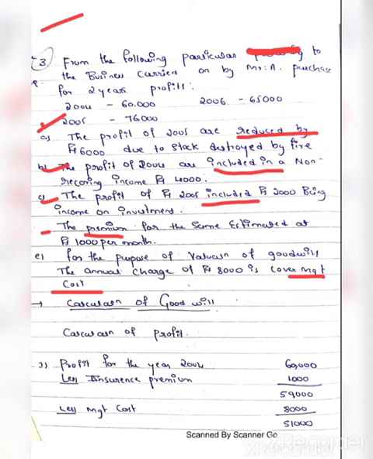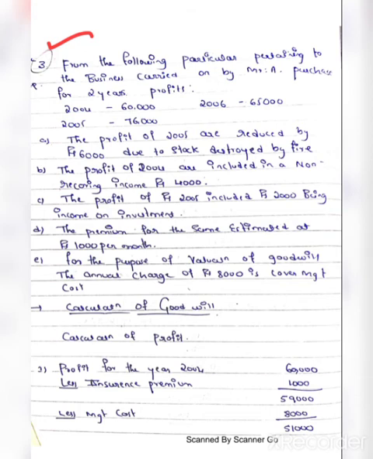Okay, so next last point: for the purpose of valuation of goodwill, annual charge means every year annual charge of management cost rupees 8,000. So next, final answer. First of all, see here guys, adjustment related points: first point, second point, third, fourth, fifth. Here the fourth point, the premium for the same estimated at rupees 1,000 per month, does not mention any particular year.